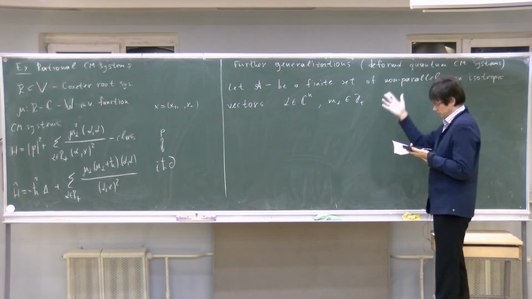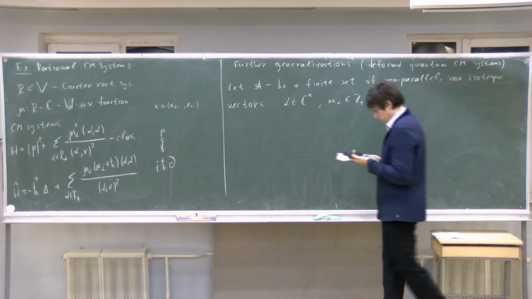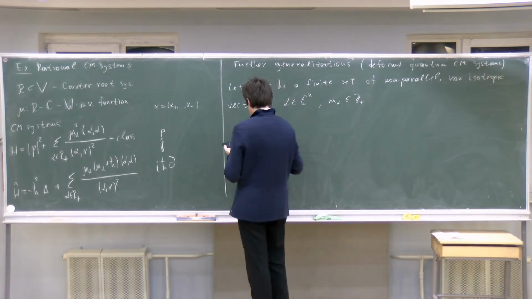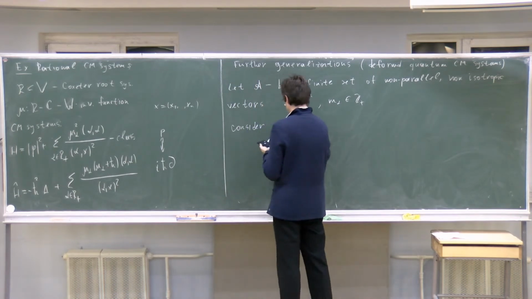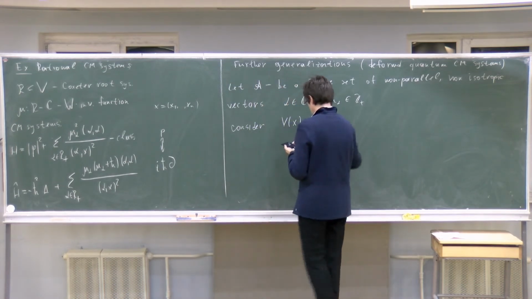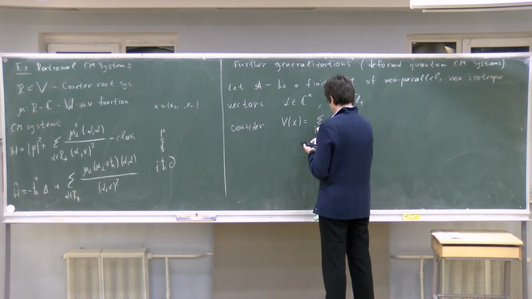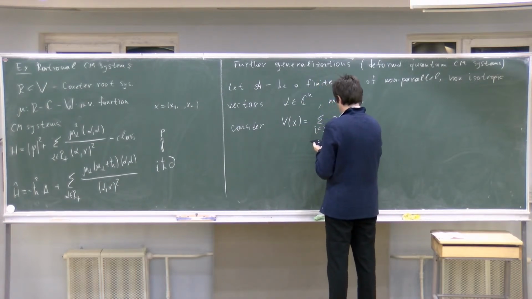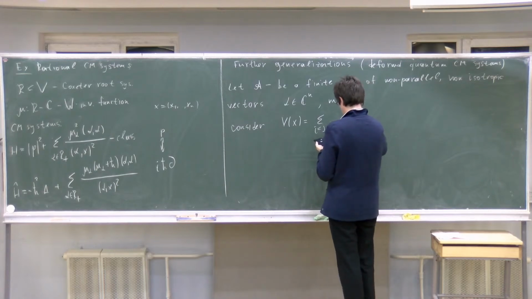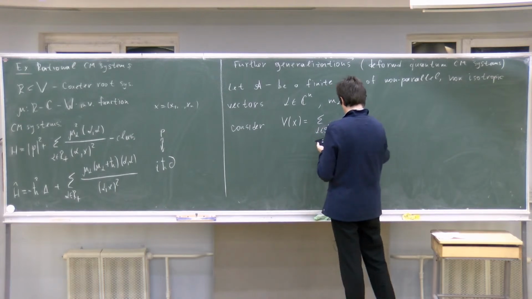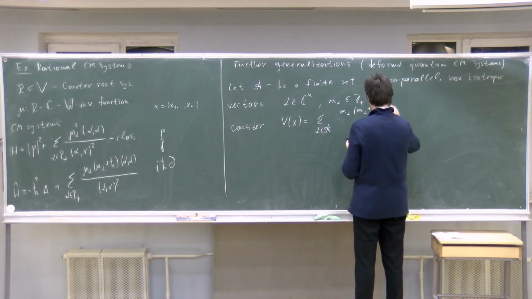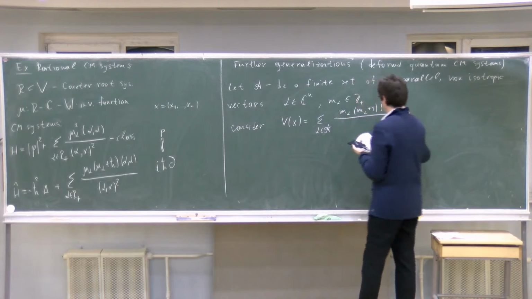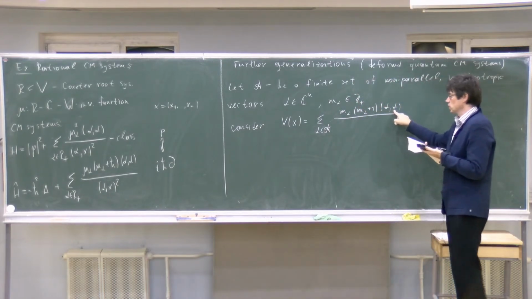These are just the weights like before. We consider the following potential: V of x is equal to the sum over alpha from A of m alpha (m alpha plus 1) over (alpha, x) squared, with the usual scalar product.